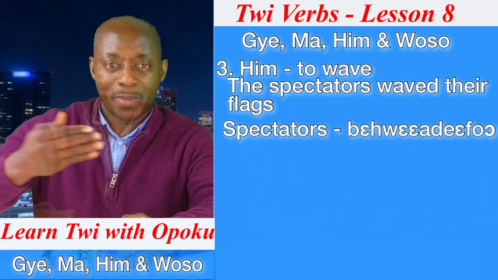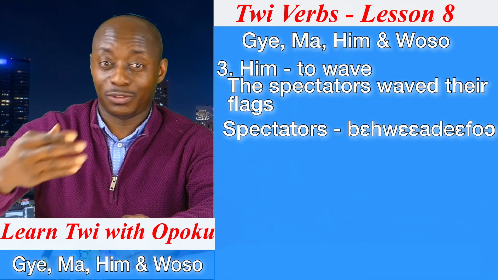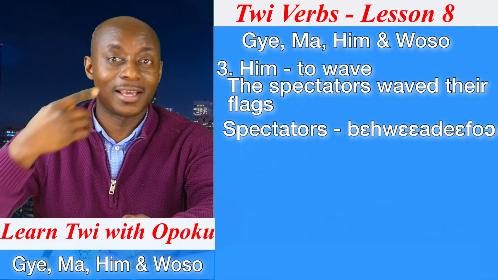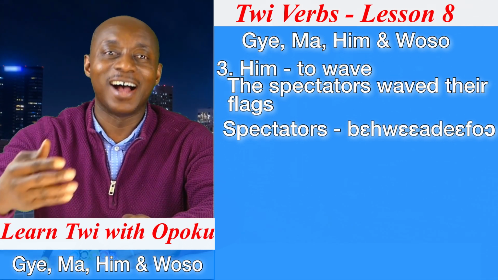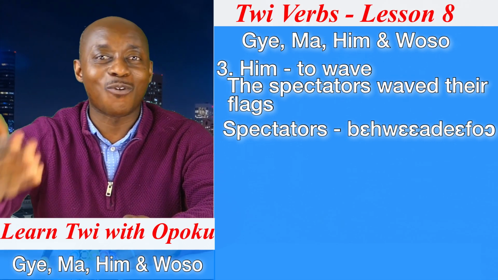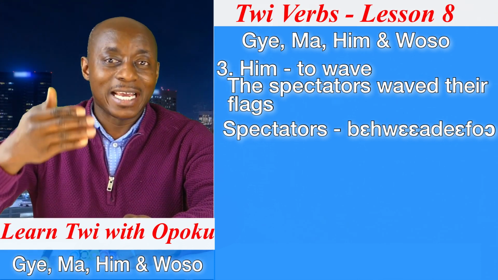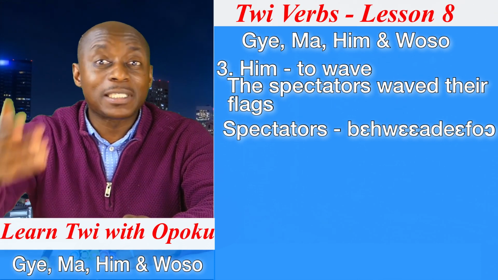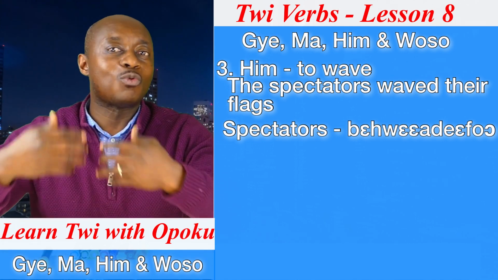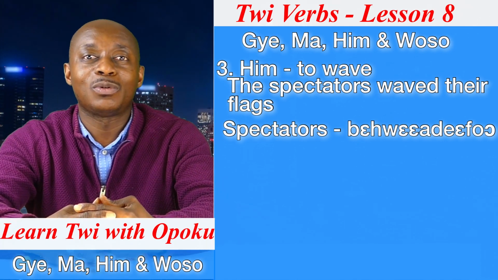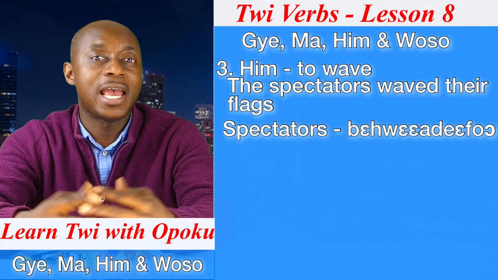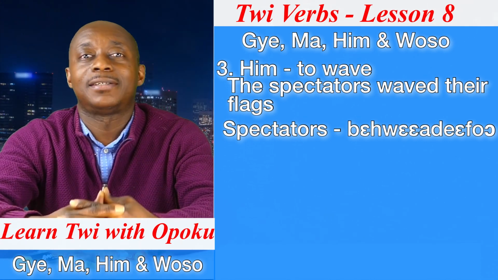What does that mean? Behwe, that is came to watch. So behwe adefo means they came to watch something. So people who came to watch something, that is what we call behwe adefo. And that is what? Spectators.